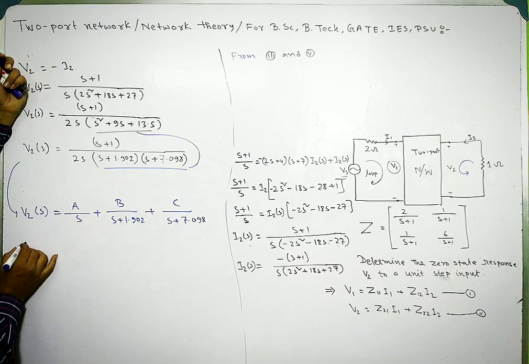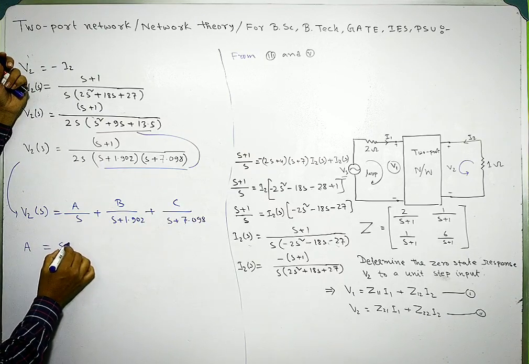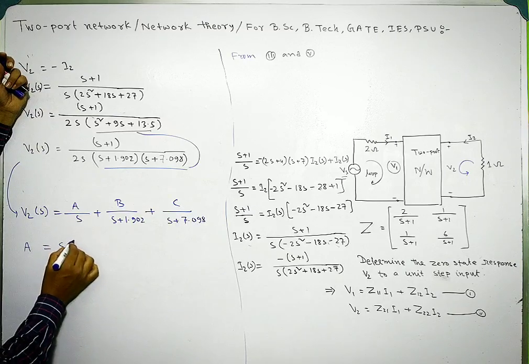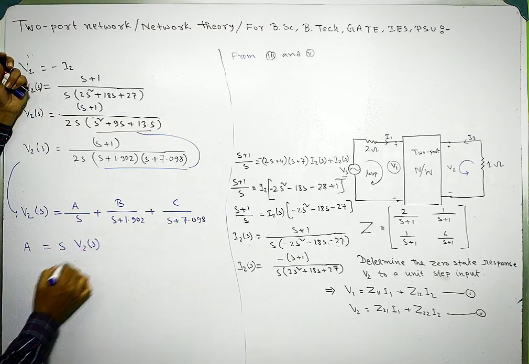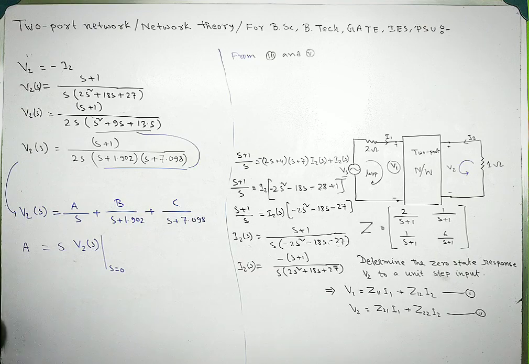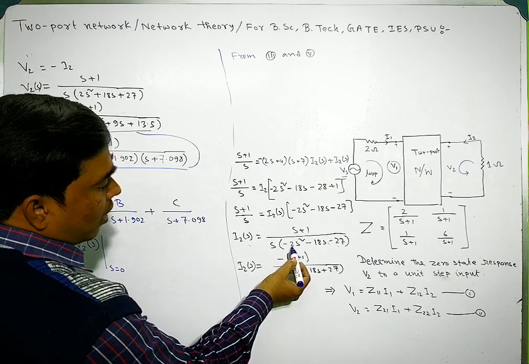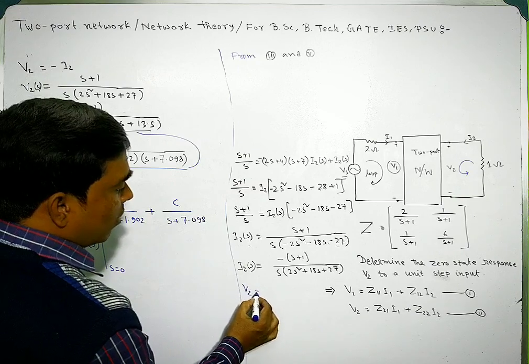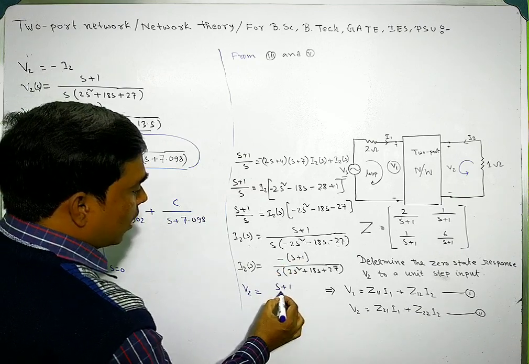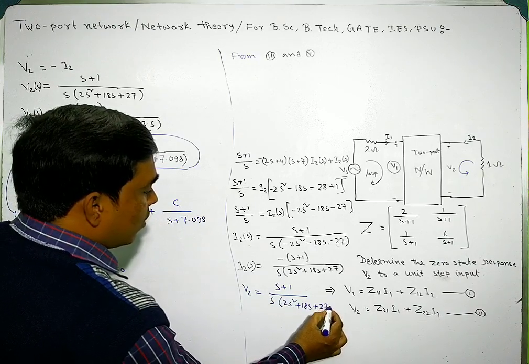A must be equal to V2(s) into s when s equals 0. The equation of V2(s) is (s plus 1) divided by s into (2s square plus 18s plus 27).